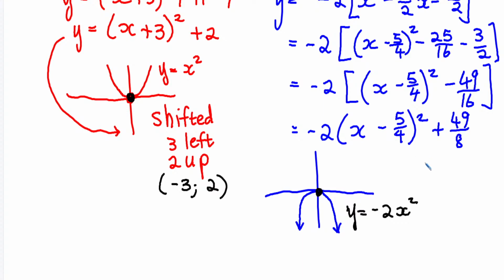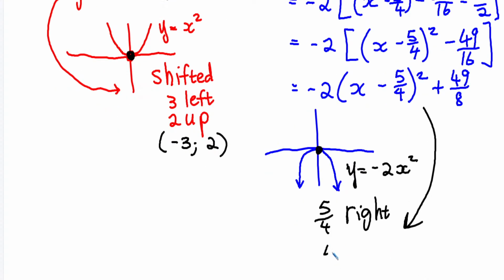Basically, our graph now has been moved 5 over 4 to the right and 49 over 8 up. And so our turning point that used to be at 0, 0 is now going to be 5 over 4, 49 over 8.